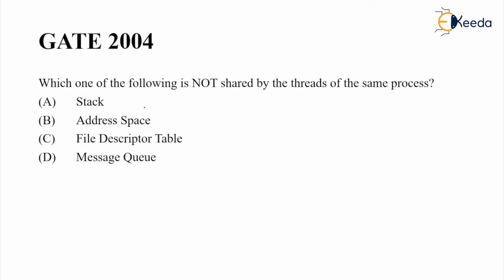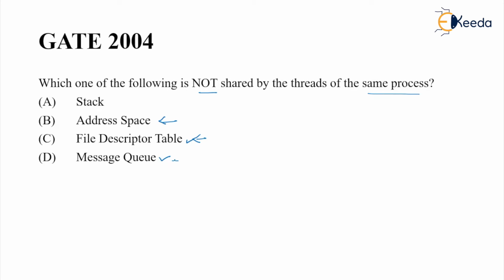2004, the next question is: which one of the following is not shared by the threads of the same process? Stack, address space, file descriptor table, and message queue. I have already told you about address space and file descriptor table being shared.